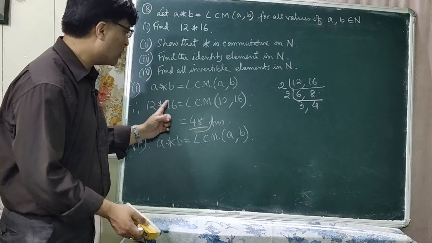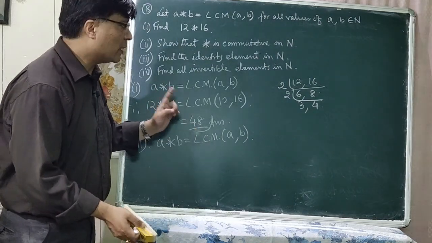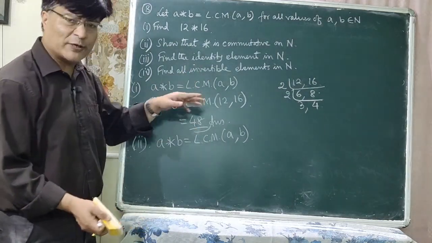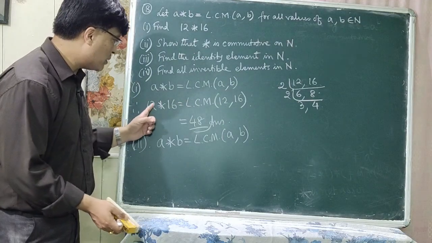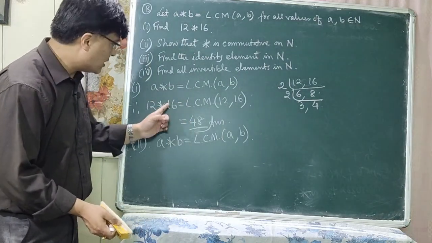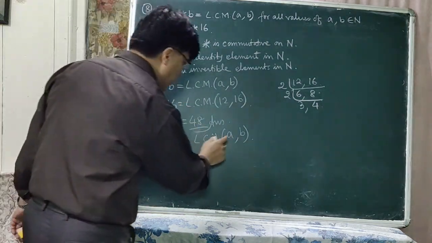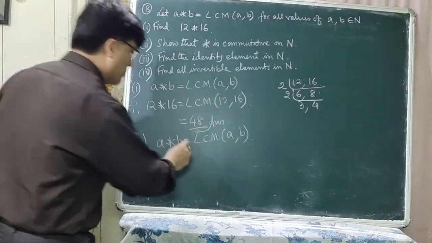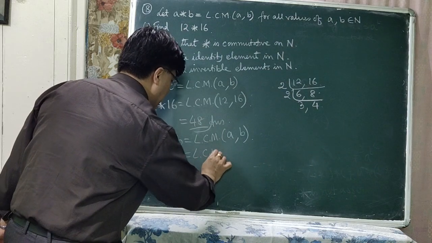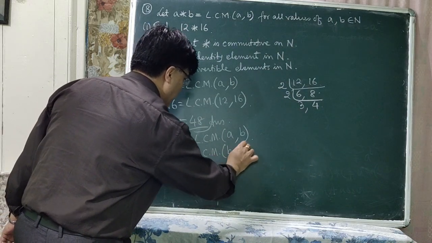That is, LCM of 12 comma 16 is 48. So LCM of 16 and 12 is also 48. So like that, LCM of A comma B is equal to LCM of B comma A.